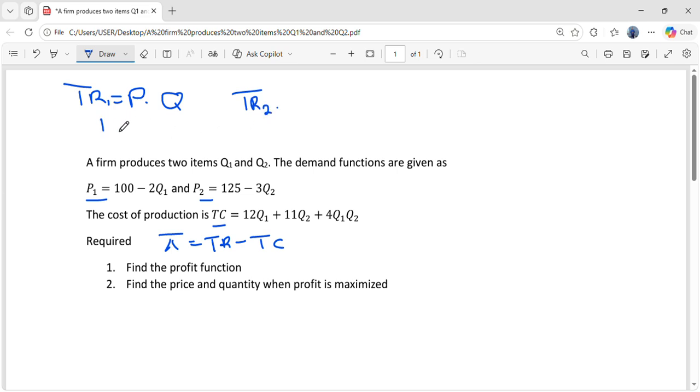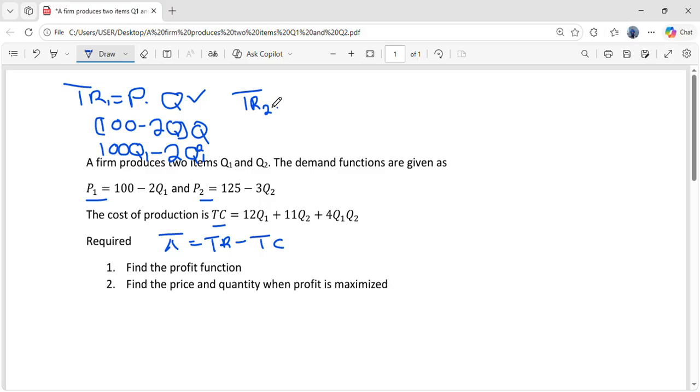So we are going to multiply this 100 by Q1. Why? Because we are going to substitute in the function given here. So this times that is basically 100Q1 minus this times that is basically 2Q1 squared. Remember, because they are coming from one general equation.